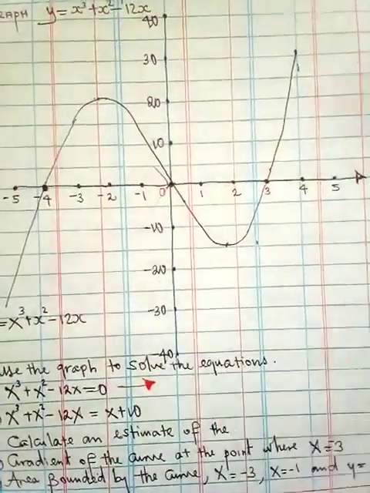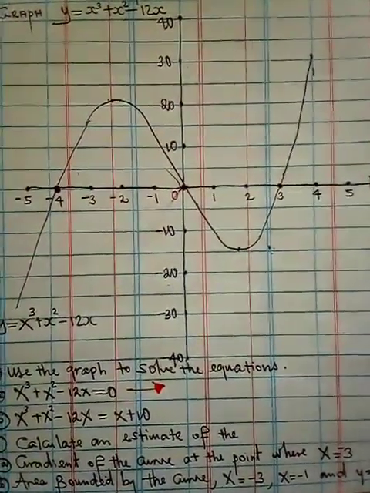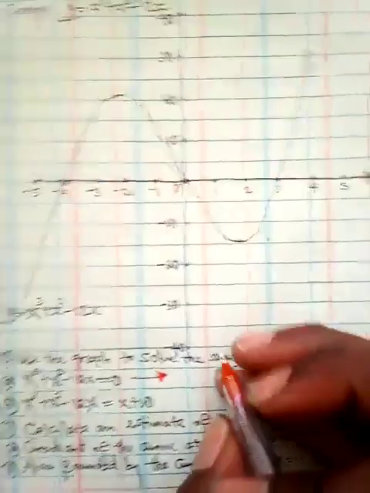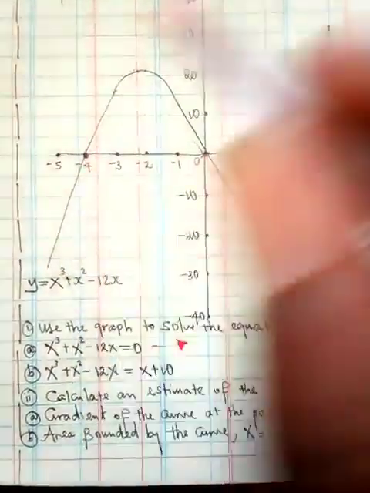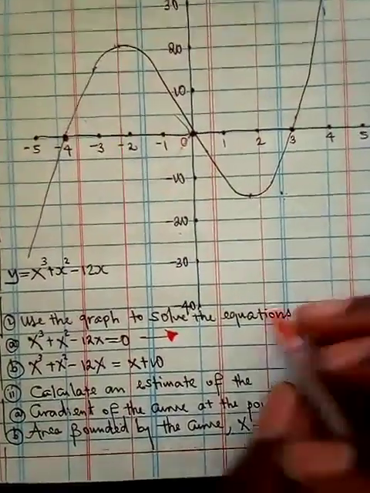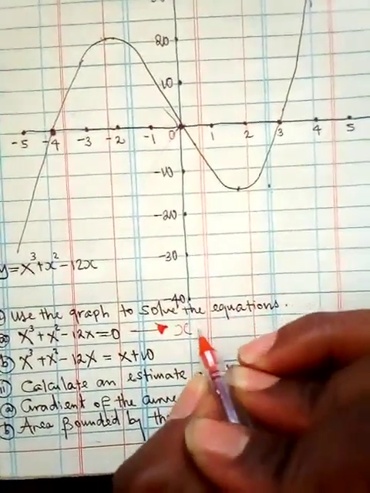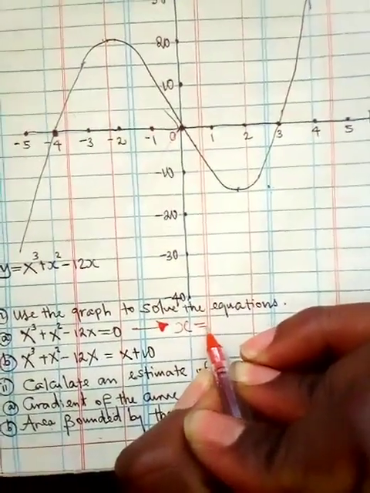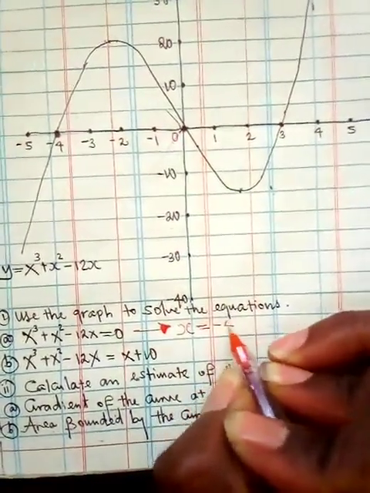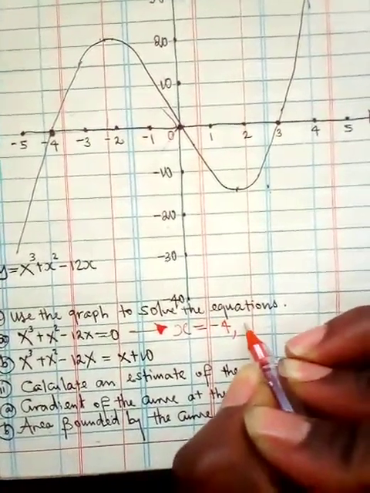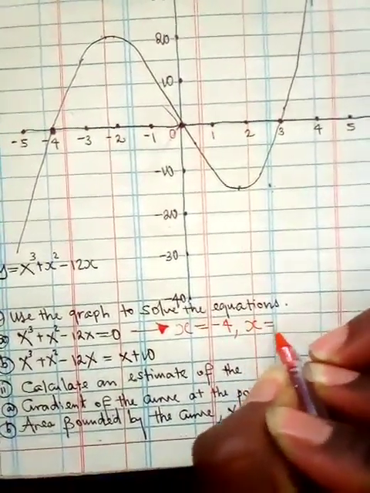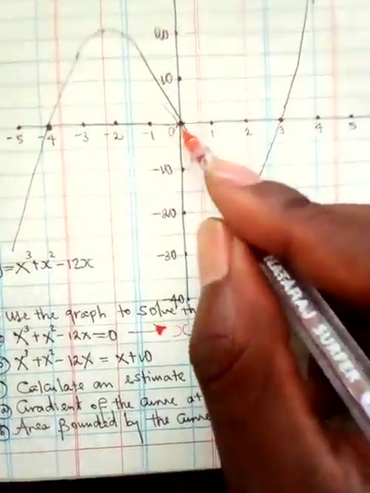So what we are going to do then, in order for us to answer this, is just see where it's meeting with the x-axis, like we have said. So take note, it's meeting the x-axis firstly at -4. It's also meeting the x-axis at 0.